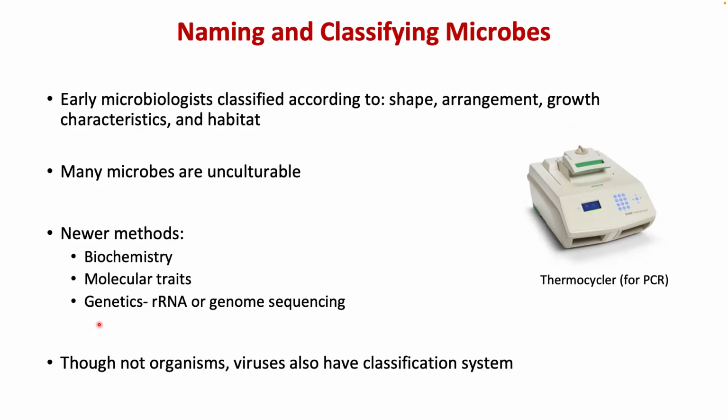Until recently, we have newer methods of characterization, which encompass biochemistry, molecular biology traits, and genetic ribosomal RNA sequencing, which is mostly done by the thermal cycler that we use for qPCR, basically amplification of genetic material. This has helped us in the classification of microbes. However, viruses, which are not organisms, also have to be classified, but they have their own classification.